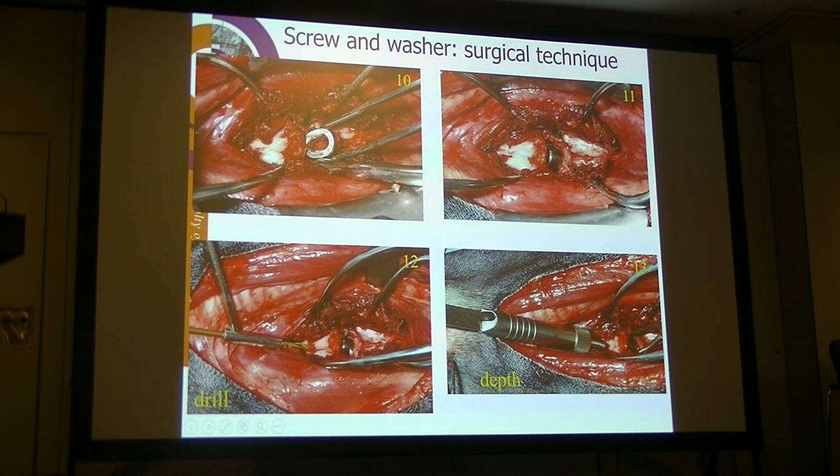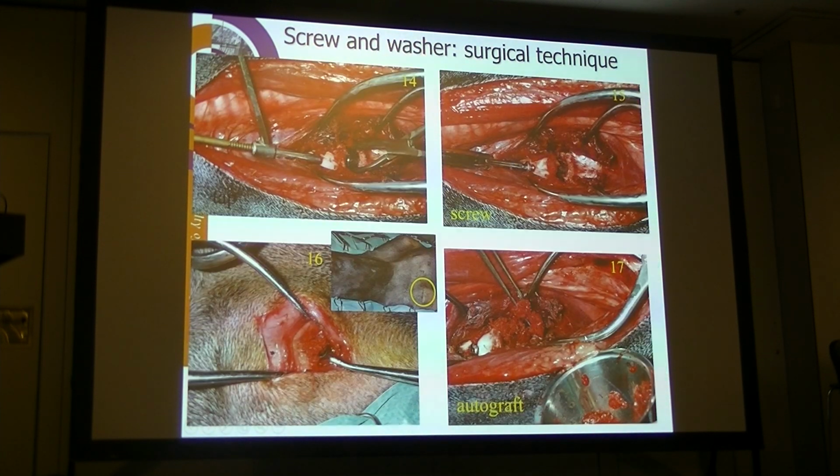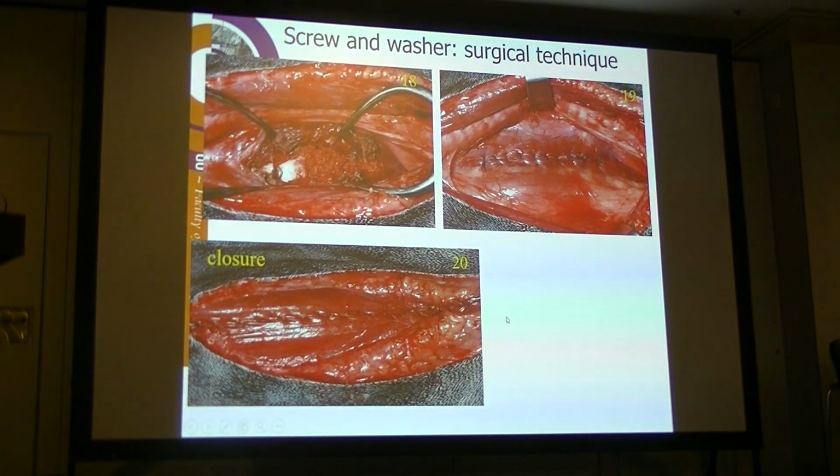And you see the washer here, and then we drill a hole, measure the depth, and then a screw is introduced in the center of the washer. And then finally we take our cancellous bone and we put that on the spine. And closure is routine.